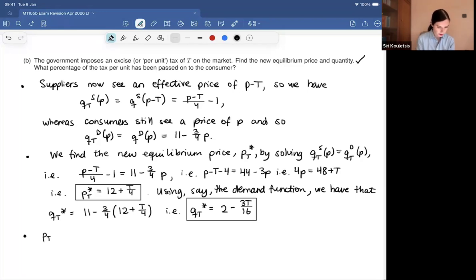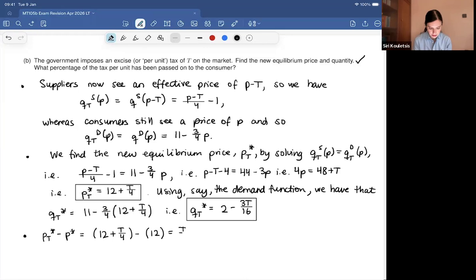So let's just look at how the price changed when we introduced the excise tax. So the new price was 12 plus T over 4. The old price was 12.